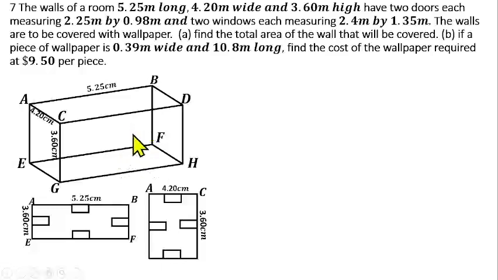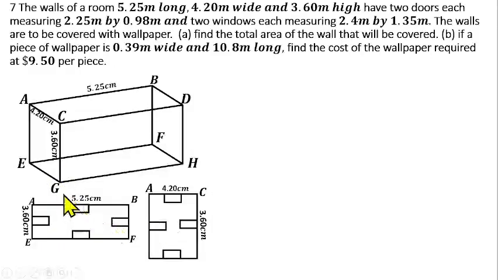Each of the walls has an opposite which is equal also. So I got one of the walls, wall A, B, E, F, which is this one, and it has a length of 5.25 meters and a breadth of 3.60 meters. For this rectangle A, B, E, F, this is the length, and this is the breadth AC, which is the same as 3.60, similar to this CG.